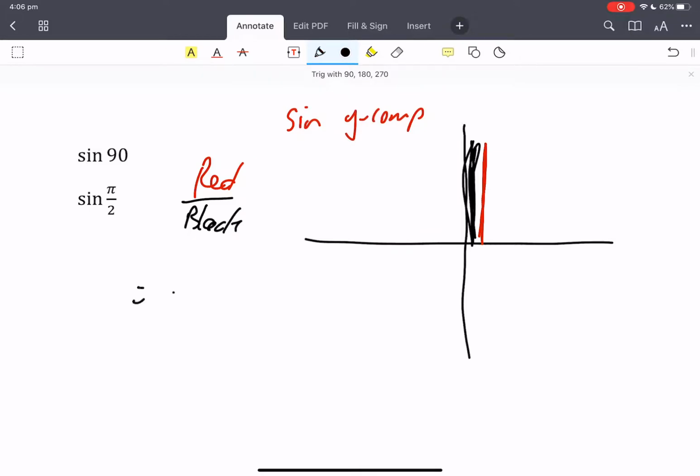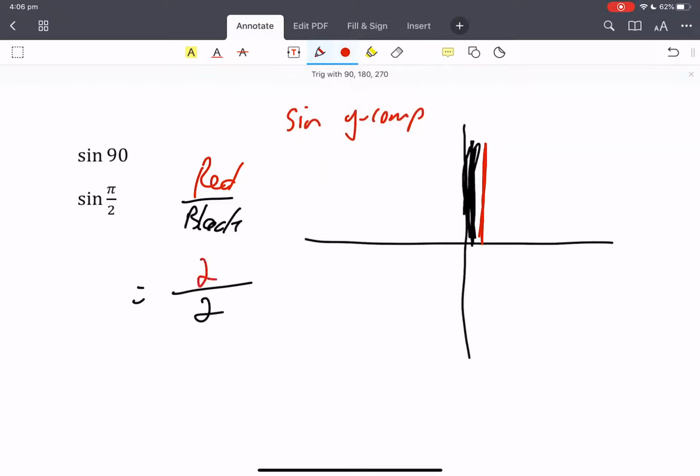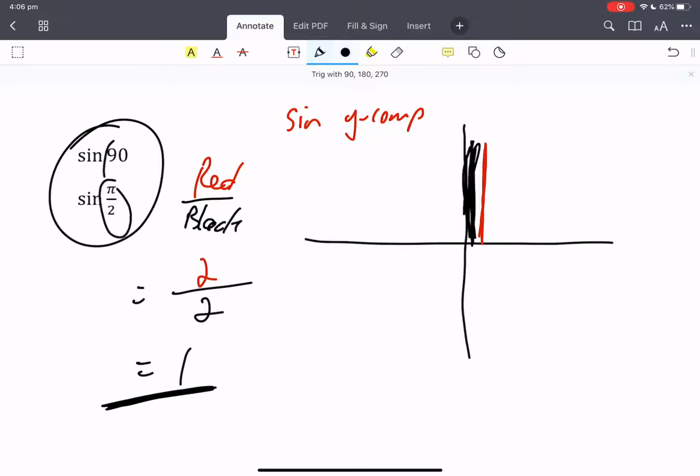I'm just going to say my black is always 2. So if my black line's 2, how long's my red one? It's 2. What's 2 on 2? So what's sine 90, or pi on 2? Pi on 2 is 90, isn't it? Yep. It's 1.